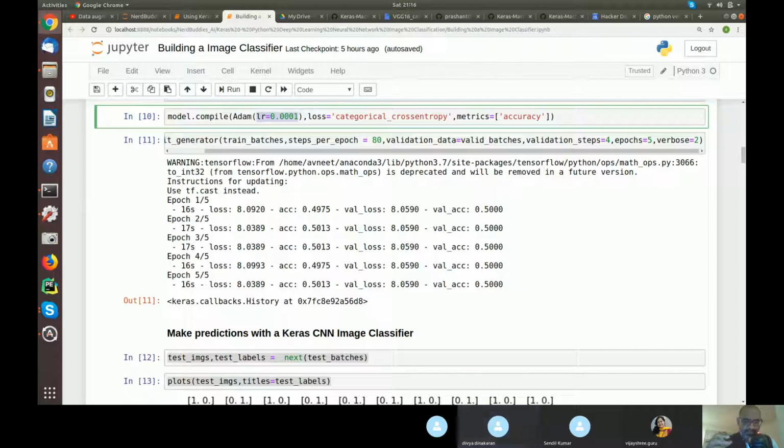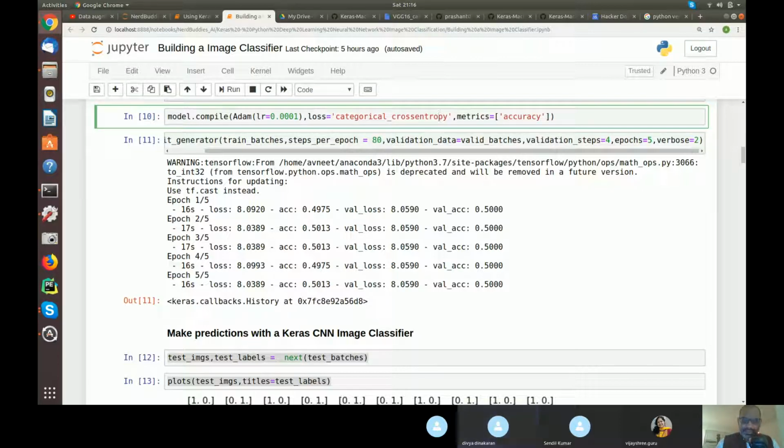There are a bunch of parameters where you try a whole different set of values. In this case, we're giving 0.0001. You can also try 0.01, 0.1 or 0.00001. You can try a couple of values and see which one gives you the best results.